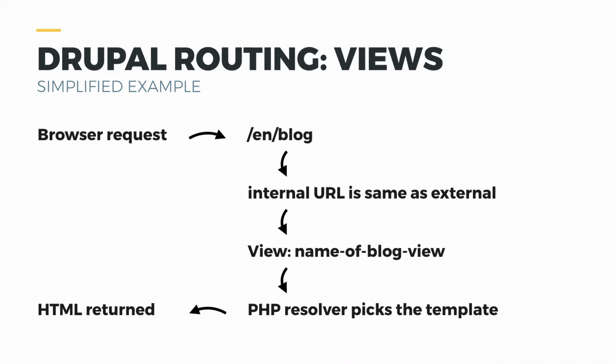For views, it's similar. You're still requesting a URL, but the internal URL is the same as the external URL. They're not separate with views. So Drupal just looks up the machine name of that view, and then it uses the PHP resolver and sends back things. That means when we are trying to figure out how to build a list of things in Gatsby, the only thing we can query for in Drupal when we're looking at a view is the URL, right?